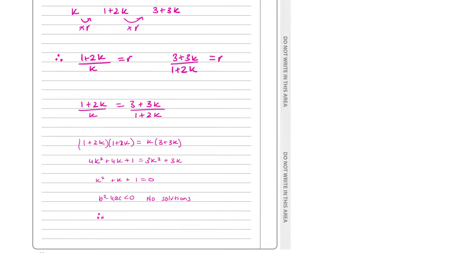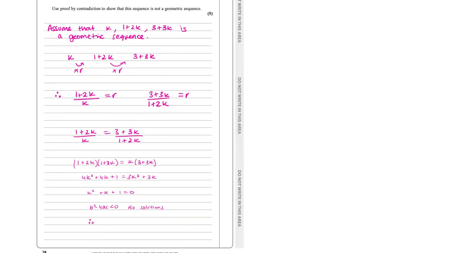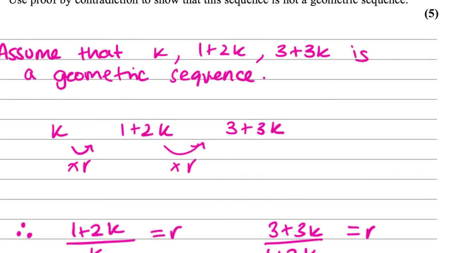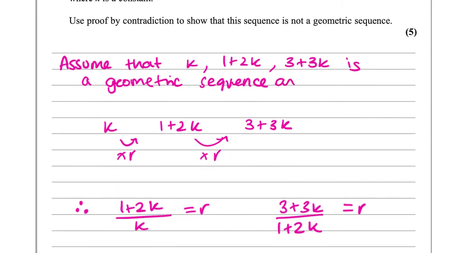Therefore, this contradicts. I think when we do the assumption, we have to assume that k blah, blah, blah is a geometric sequence and has a common ratio r.